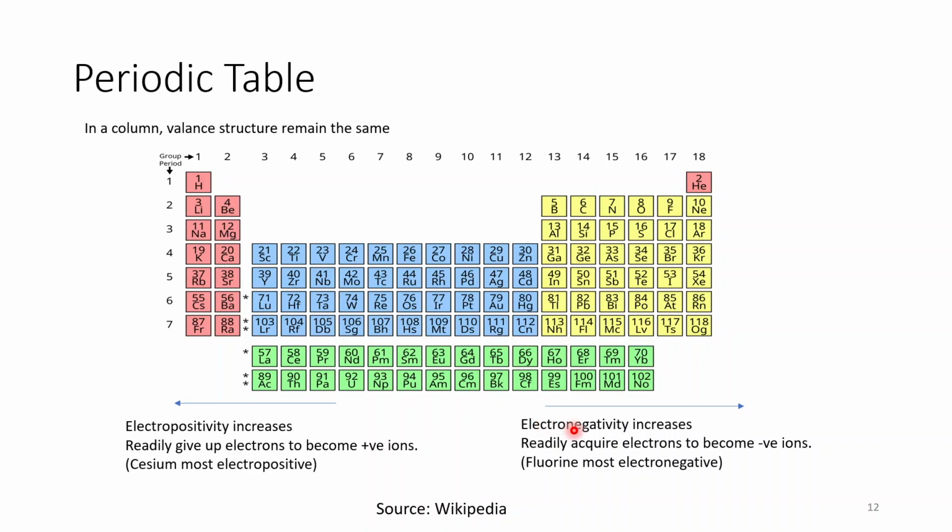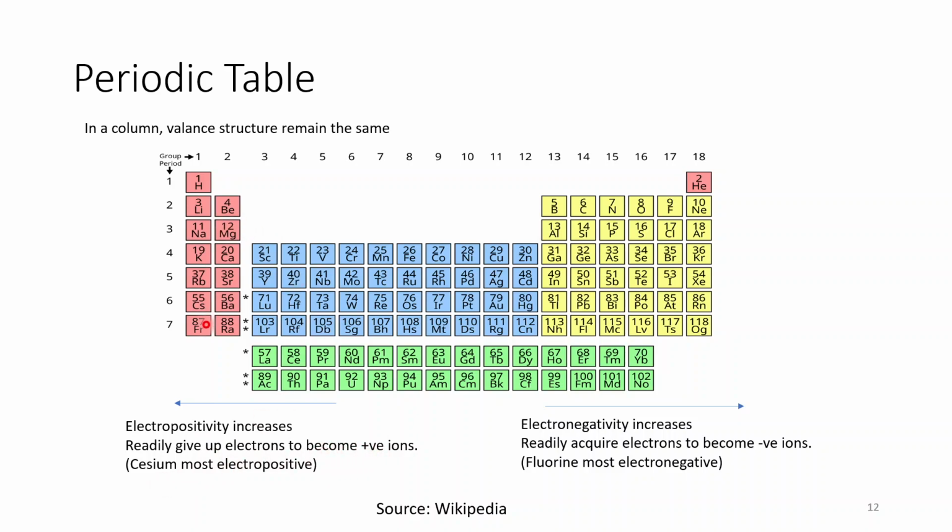If you move in this direction, on the right side, your electronegativity increases. So in this case, your material will easily acquire electrons to become negative ions. And fluorine has the most electronegativity. If you move to the left side, then these give up electrons easily to become positive ions.